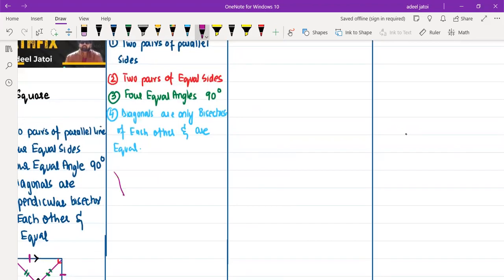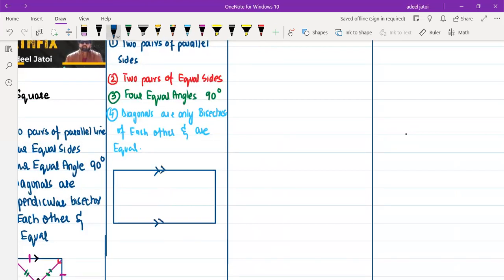Let's say we have this, which becomes your rectangle. Now, rectangle says two pairs of parallel lines. What does this mean?